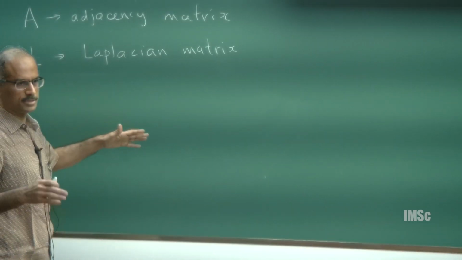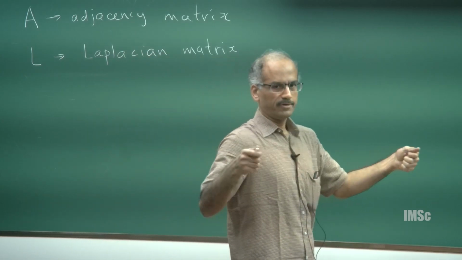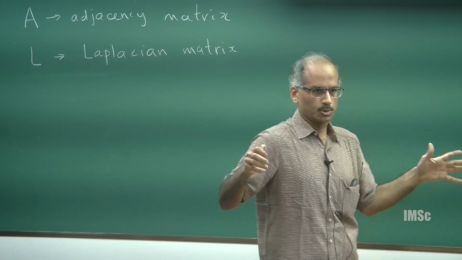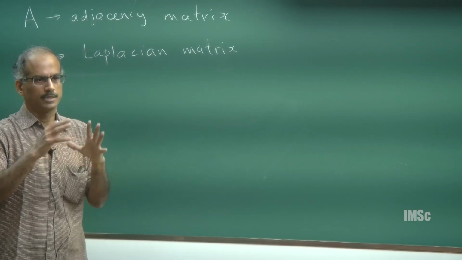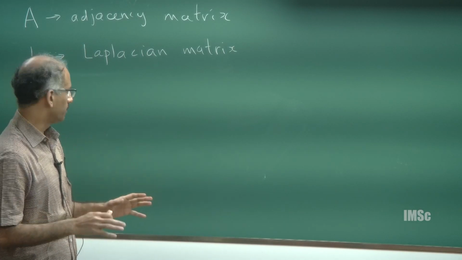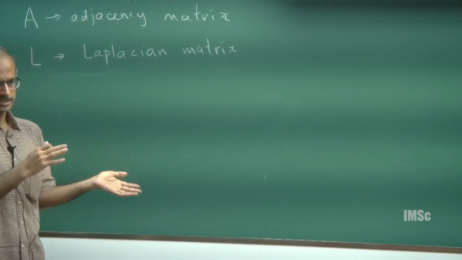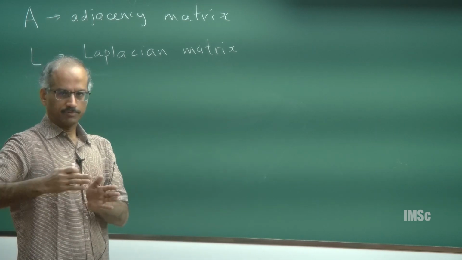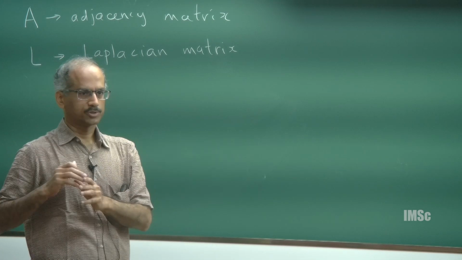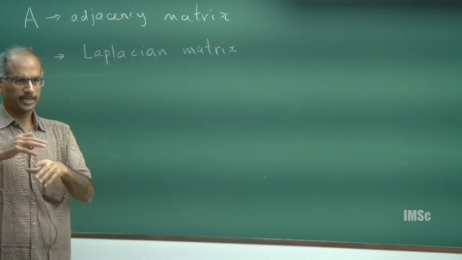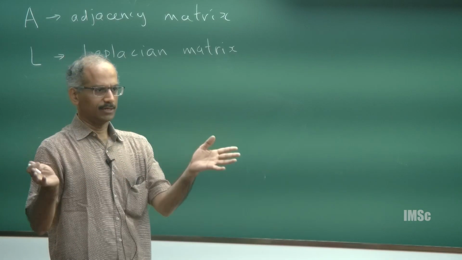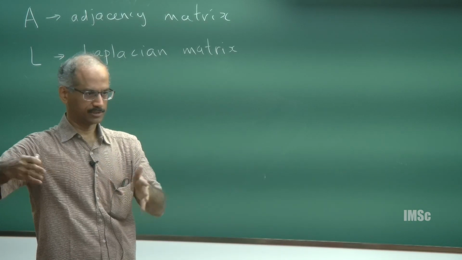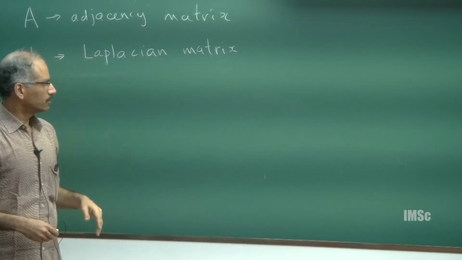If one of these matrices is an n by n matrix, you have n eigenvalues. Often what is very important for most applications, to be able to figure out what's going on in your network, is either the first or the second eigenvalue. But the rest of the bulk, the n-1 or n-2 eigenvalues, carry lots of other information about interactions, and in general how the information is organized inside your network.